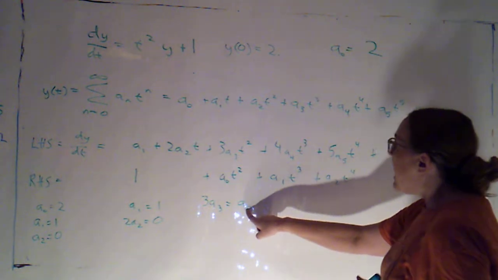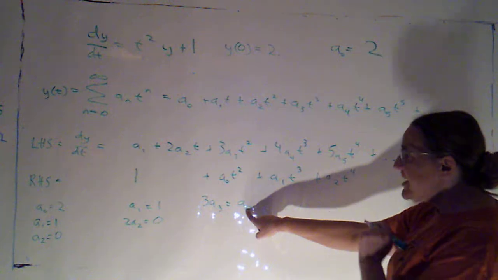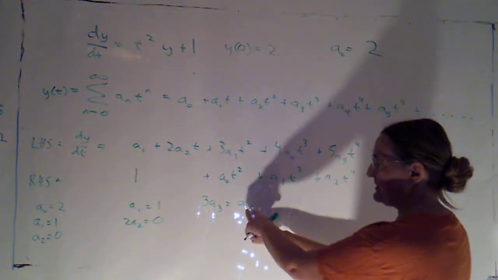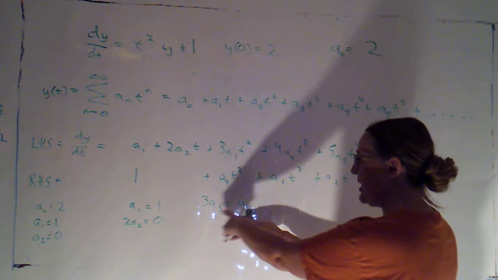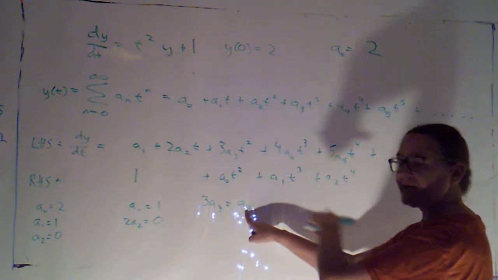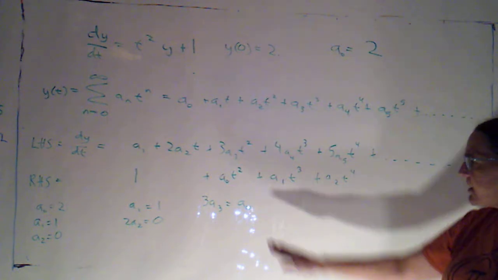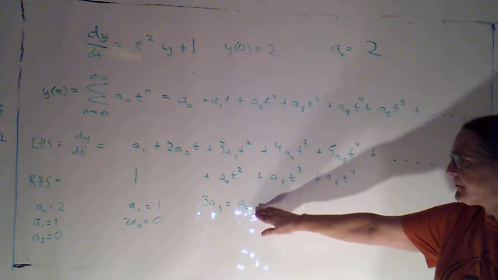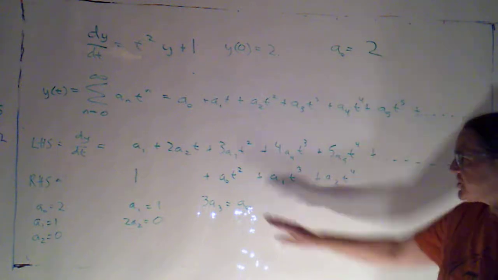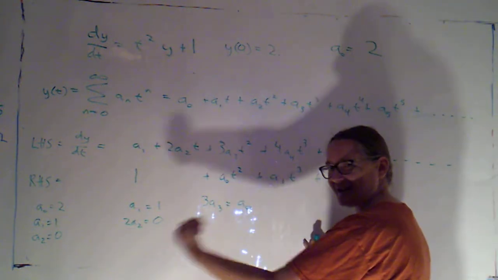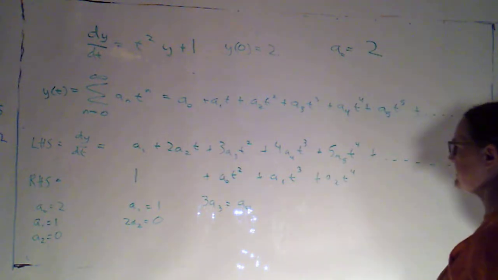Okay. All right. And I could actually solve for that and say that since I know that a naught is 2, a3 would be 2/3. But I'm looking for an overall pattern right now, so I'm going to leave it like that. Okay. Because this is the first time where I'm describing a coefficient in terms of its predecessors, and I want to be able to do that consistently.